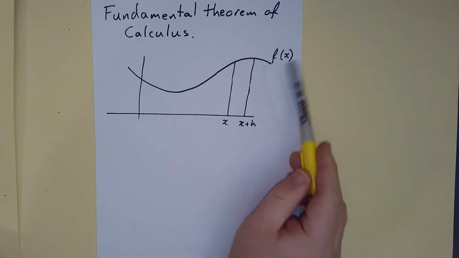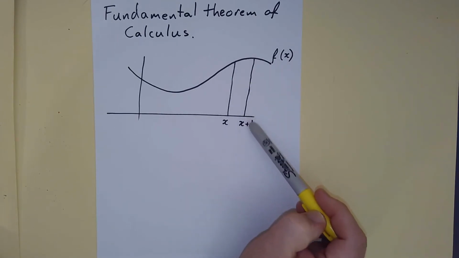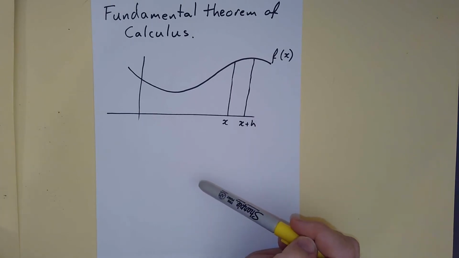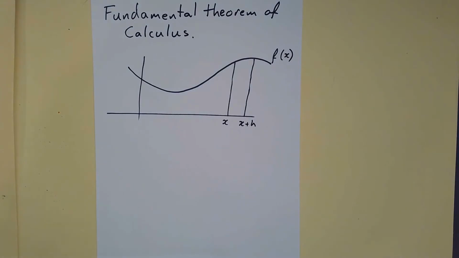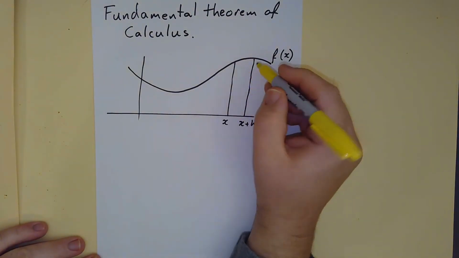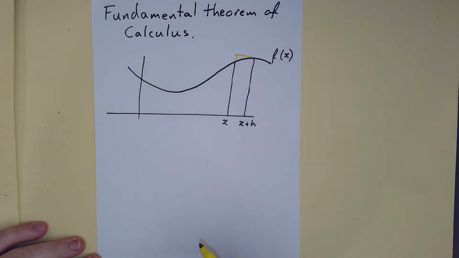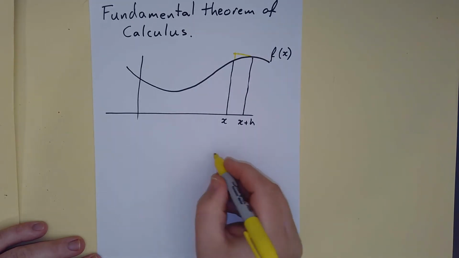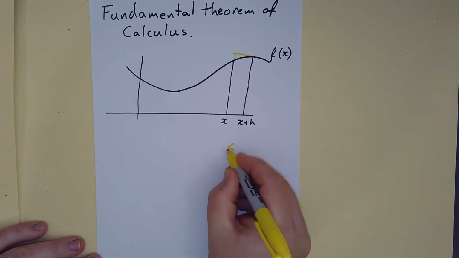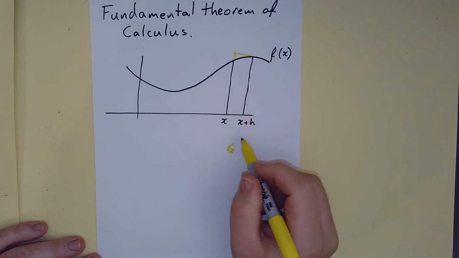We've got some generic function, and we're going between x and x plus a little bit more, this h. Well, we could think about this as it's going to be somewhere between that right-hand side. So it's going to be less than or equal to the rectangular rule on the right-hand side.